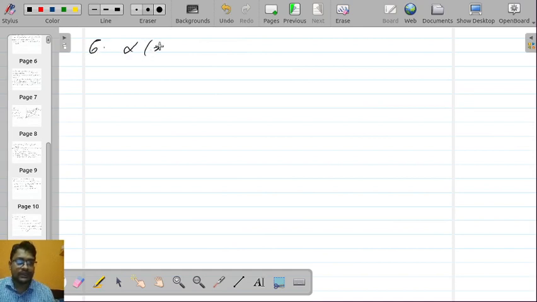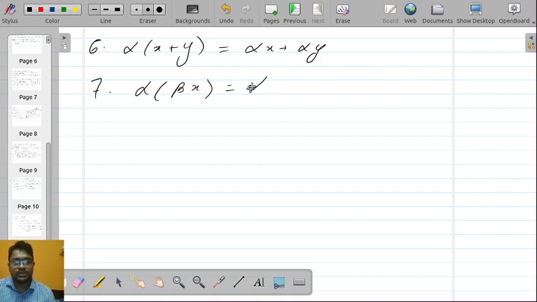Then alpha into x plus y. Here this plus is the vector addition, and it will be alpha x plus alpha y. So this is also true. Number 7 is alpha into beta x will be same as alpha beta into x. So we can multiply scalars separately and then multiply with the vector.